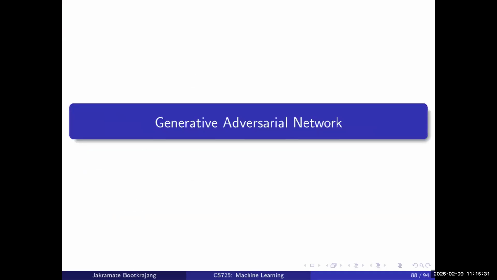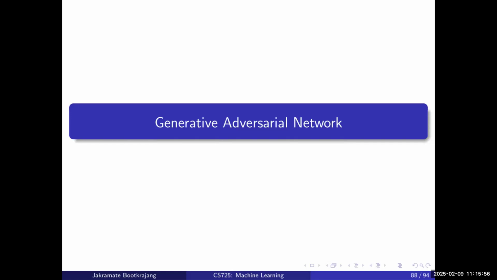So inside that neural network world, we have the generative adversarial network. And this is the one that sparked the generative AI. So this came before Gen AI, it is the starting point of Gen AI.